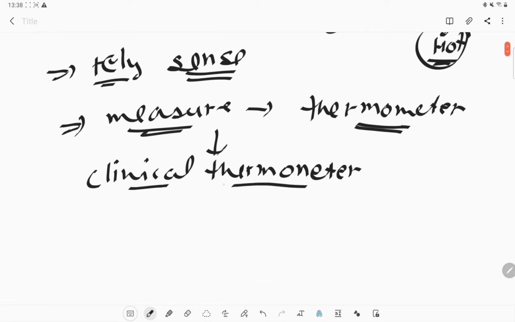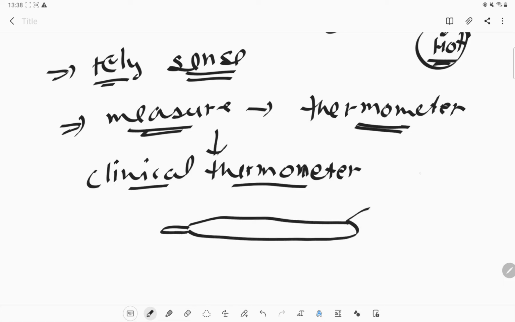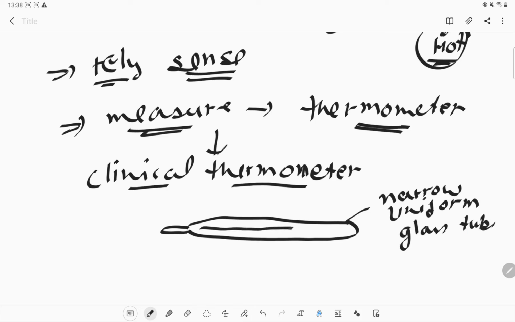First, the clinical thermometer. How does it look? It looks like this. This is a narrow, uniform glass tube, and here is the area where the mercury is present.